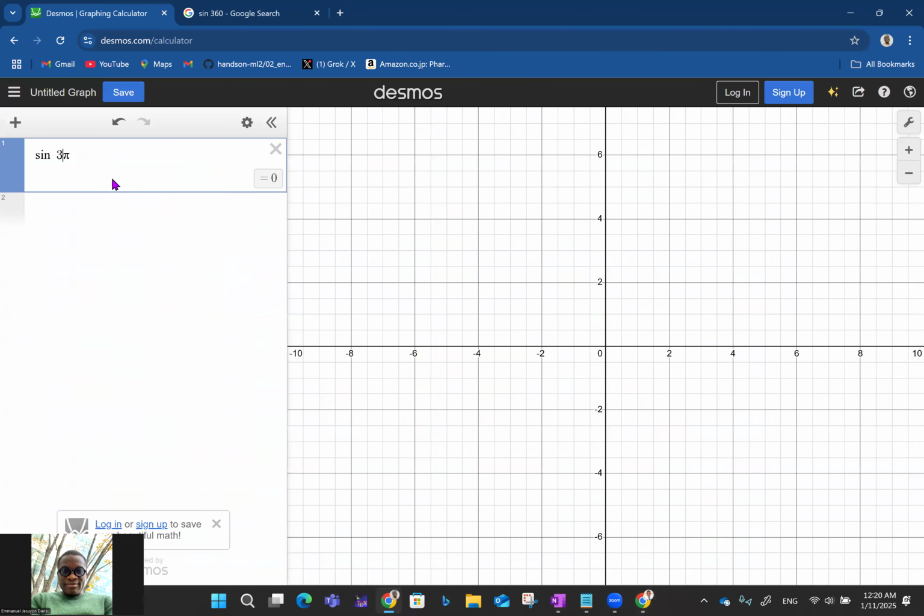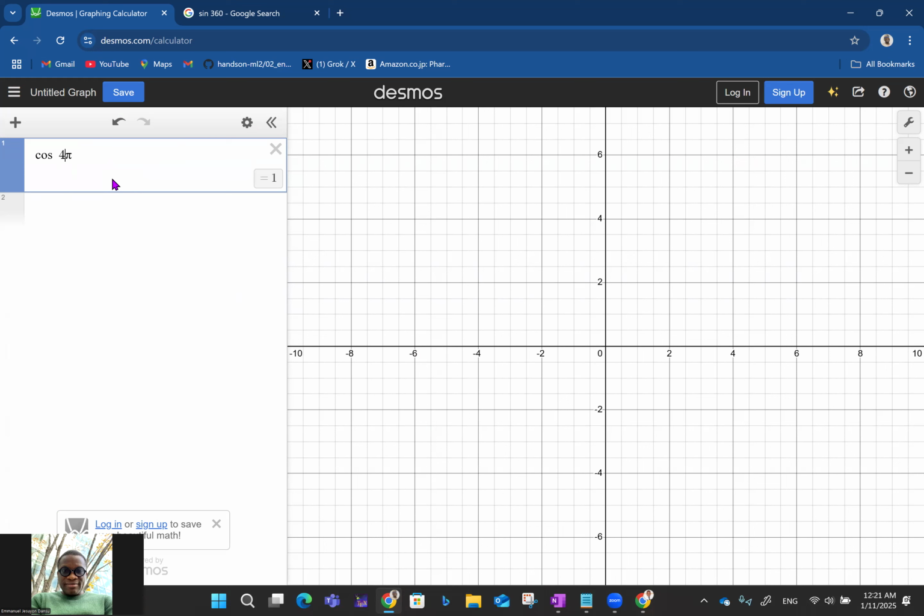So for instance, you already know that cos pi is minus 1. So what about cos 2 pi? That's 1. So definitely pi is not the period here. Then if you add another 180, that's 3 pi, right? So cos 3 pi is minus 1. 4 pi will give you 1.